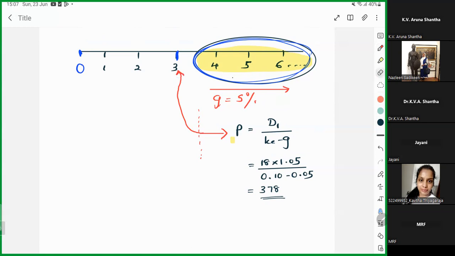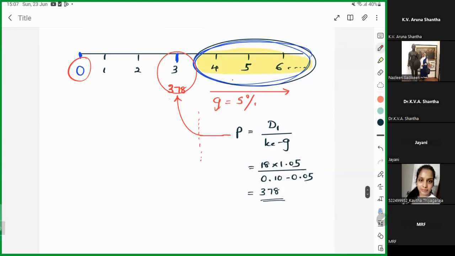So now listen to me very carefully. 378 is the discounted value of dividend from the fourth year onwards. Right. So that value is the end of third year value. Now you need this value now. Now is 0. Now you have to again discount that to today's value.